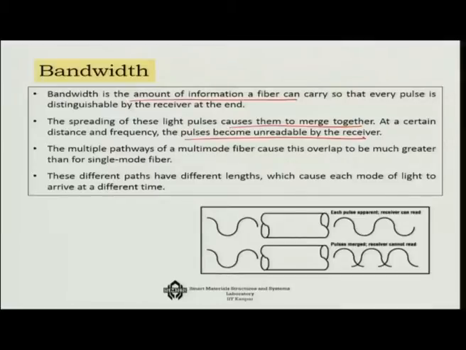In fact, that is why you will need the repeaters. The multiple pathways, again with a multimode fiber, cause this overlap to be much greater than for a single mode fiber. These different paths have different lengths, which cause the modes of light to arrive at a different time. So, you need a repeater to avoid this problem.